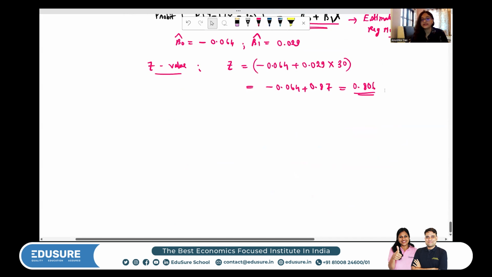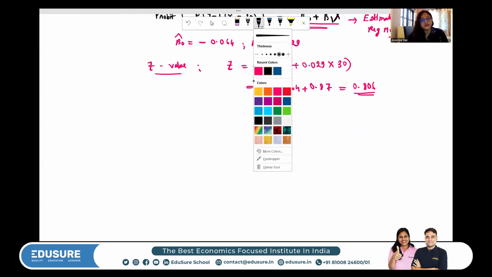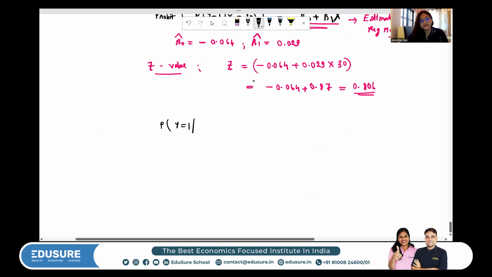Now, how will you calculate this probability? The probability y equals 1 given x equals 30 is simply the CDF corresponding to the z value, right?